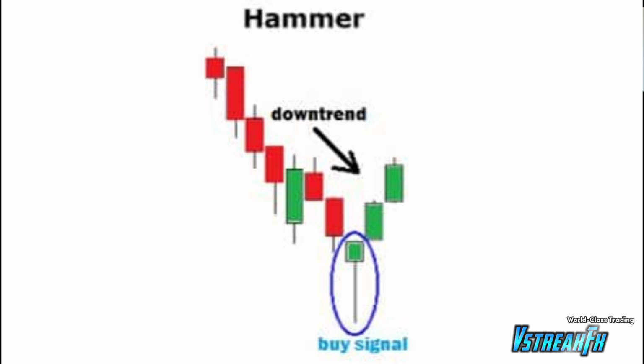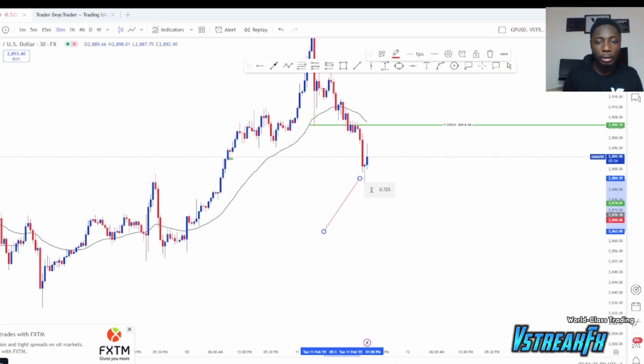So we have a hanging man. One thing I want you to know in the market is that anytime we have anything bullish, we also have the bearish aspect of it.